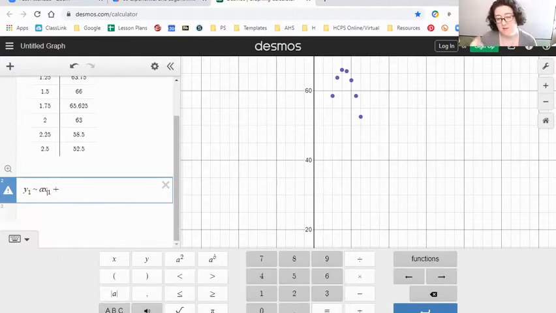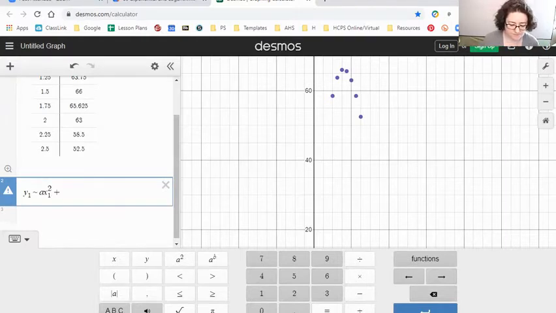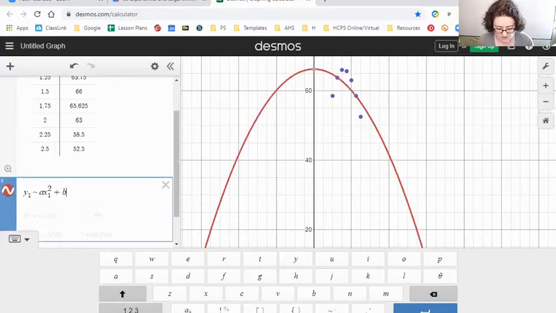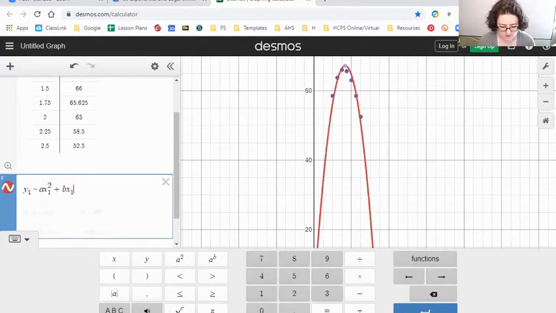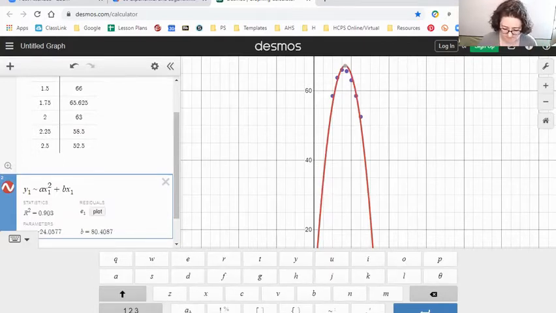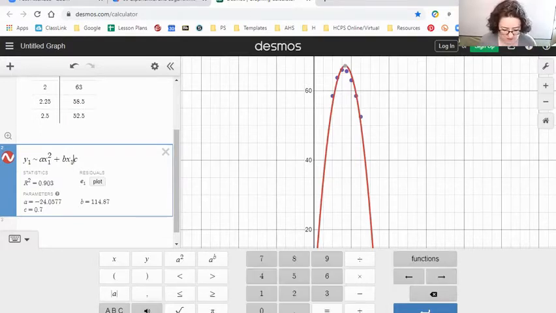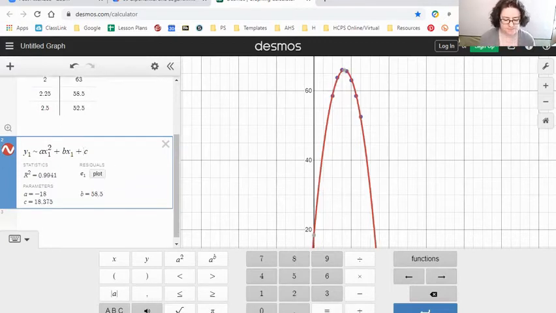And so again, you have a squared up on that piece. You can put both a subscript and a superscript in the same spot. Alrighty, then we need bx1, and then we need c. Oops, I left out my plus sign, so let's go back to this and use my arrows, plus.